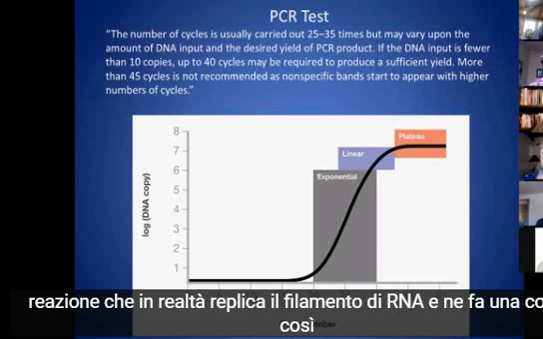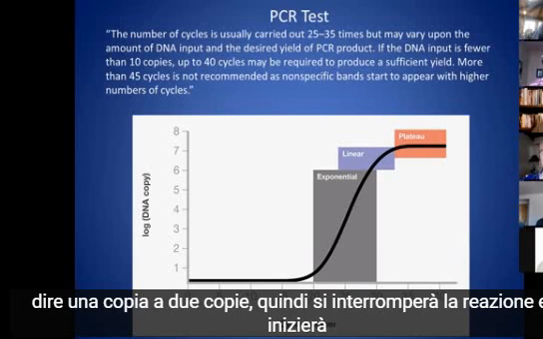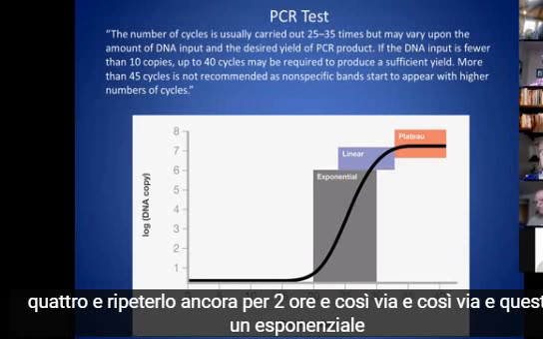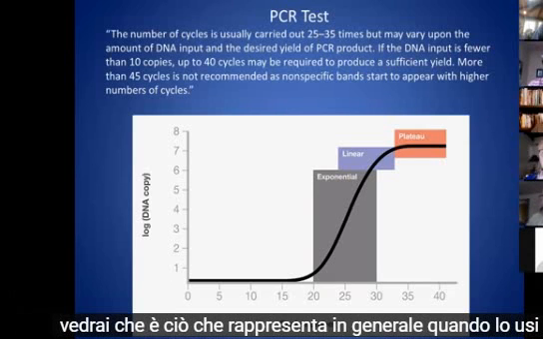So what this does is it's a reaction that actually replicates the strand of RNA, and it makes a copy. So it makes from 1 to 2. So you would run a cycle of this reaction, and you'd go from, say, 1 copy to 2 copies. Then you would stop the reaction and then start another cycle by adding some more materials, and then you go from 2 to 4 and repeat it again, 4 to 8, and so on and so on.